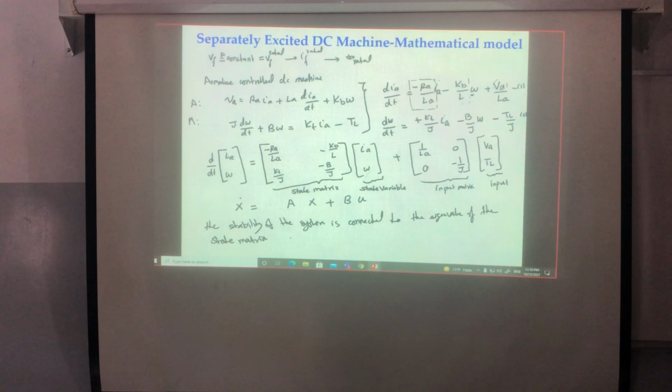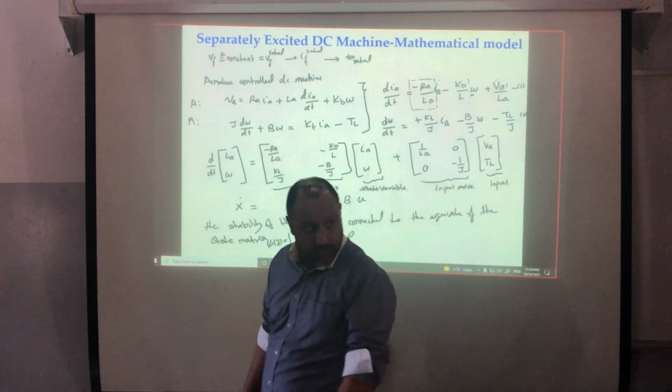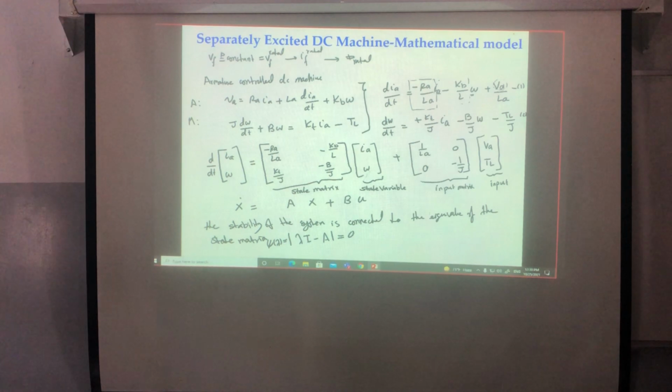Good. So the determinant of lambda I minus A equal to 0, and this is what we call, in control, the characteristic equation, psi lambda. Now this characteristic equation is 2 by 2.